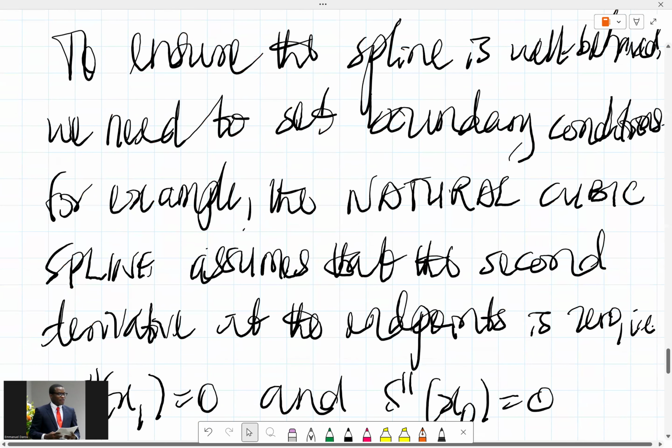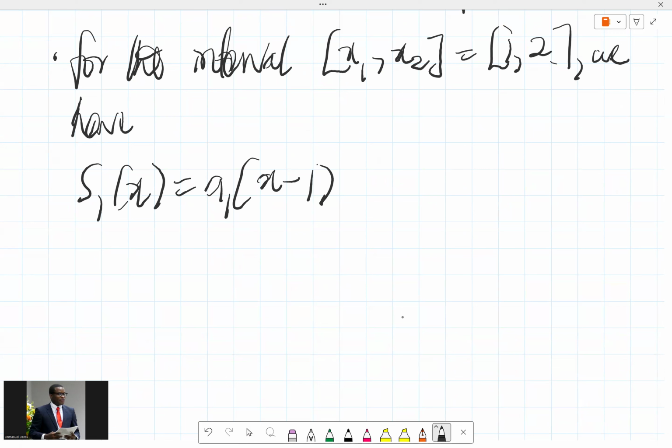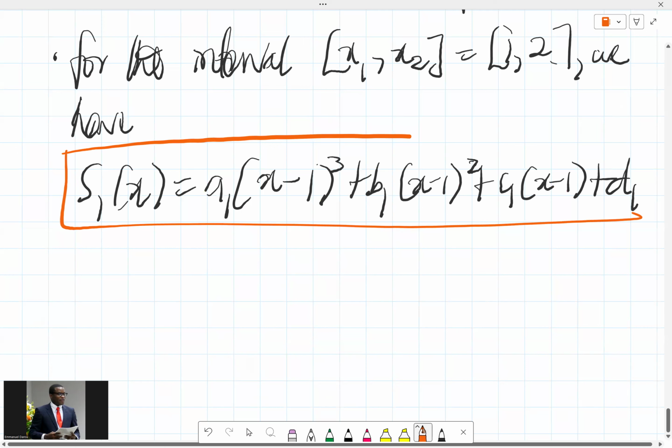So we are going to look for A1, B1, C1, and D1. That is the first expression that we have.